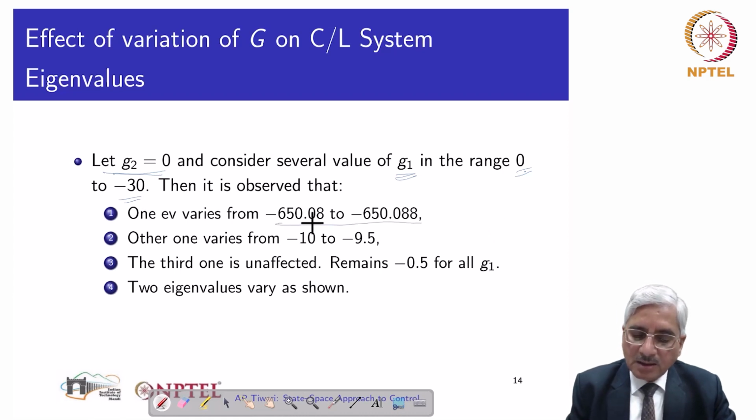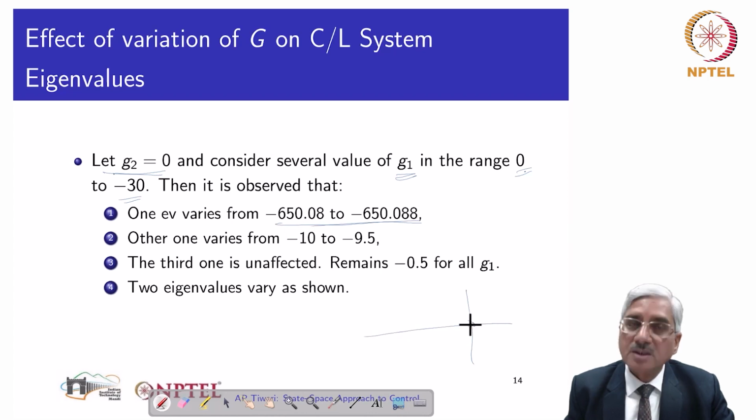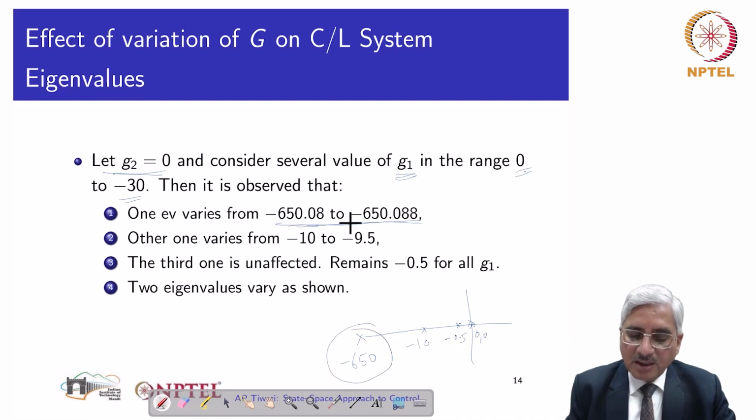One is that the largest eigenvalue, remember, the open loop system has two at the origin, one very close to the origin, one relatively away, and one very far: minus 650, minus 10, minus 0.5 and 0, 0. So the largest one changes in a very small range, almost unchanged.